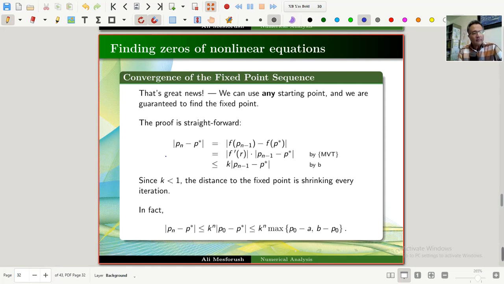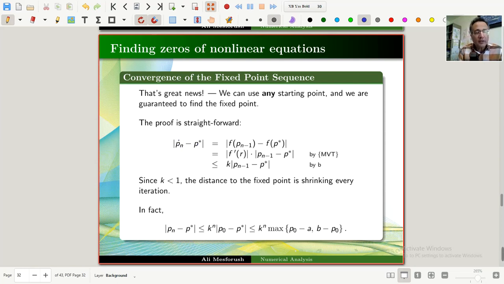Look at the proof. The proof is very easy. You have to just consider the absolute value of the difference between Pn and P star. Pn is in fact a member of the sequence, and P star is the fixed point.